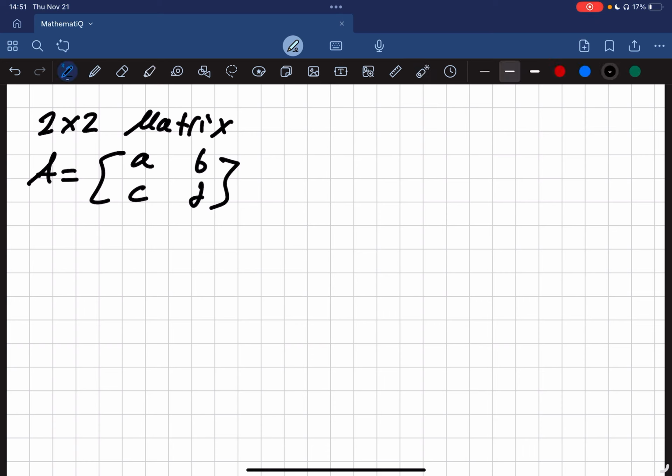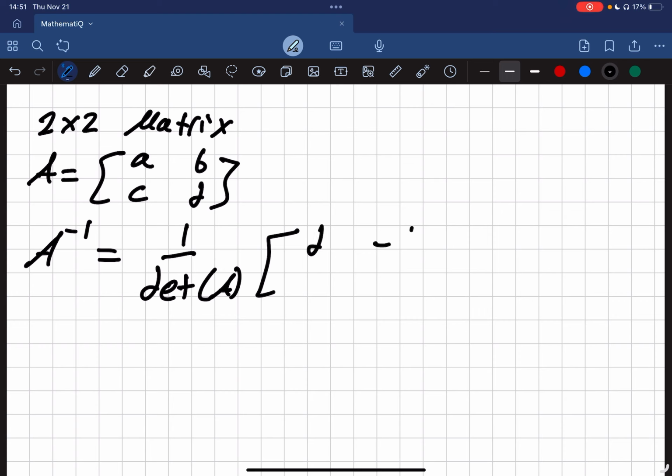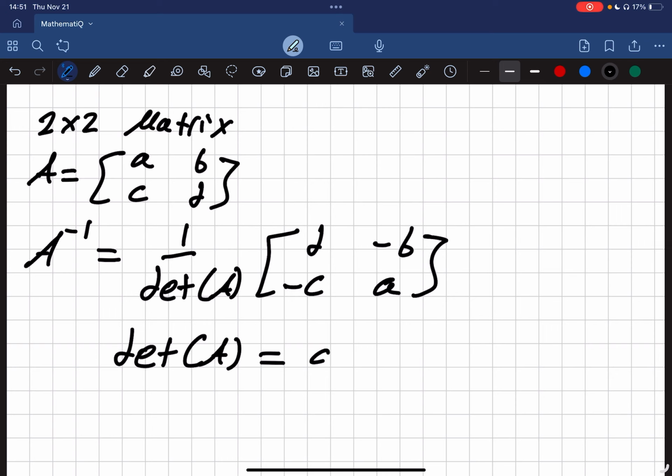And then the formula for A inverse is going to be 1 over the determinant of A, which I'll probably make a whole other video on how to find the determinant of matrices. But for a 2 by 2 matrix, it's very simple. I'll show you what it is right now. d, negative b, negative c, and a, where the determinant of A is equal to ad minus bc.